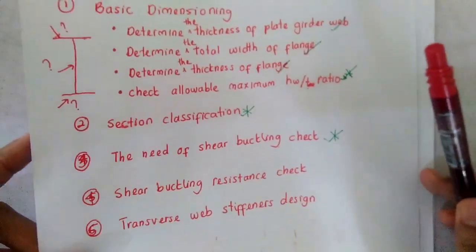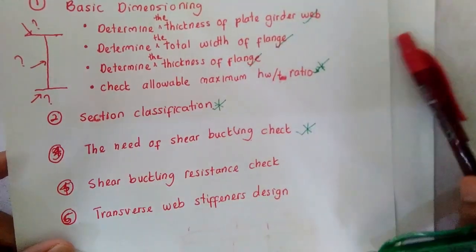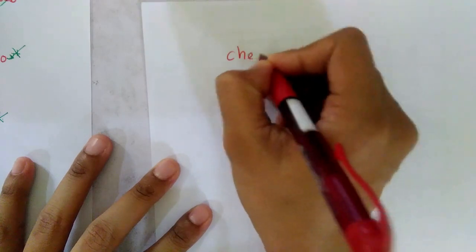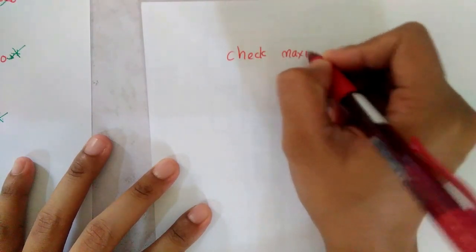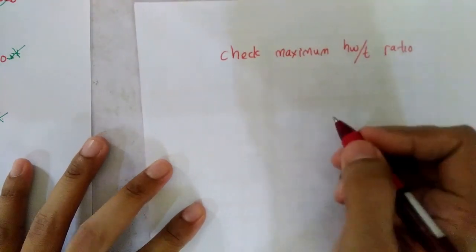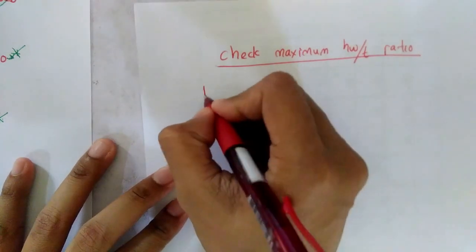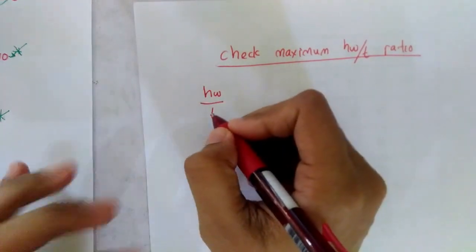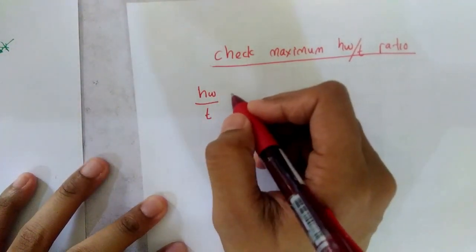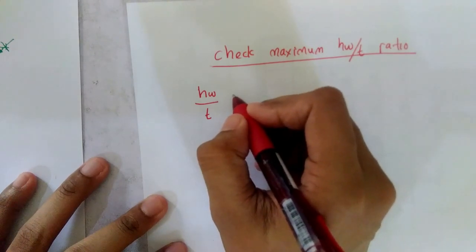So let's go for the first one, which is to check the allowable ratio of the plate girder. To check the maximum allowable ratio for the plate girder, hw over t has been explained earlier in the previous video lecture, which is from equation 5.117.